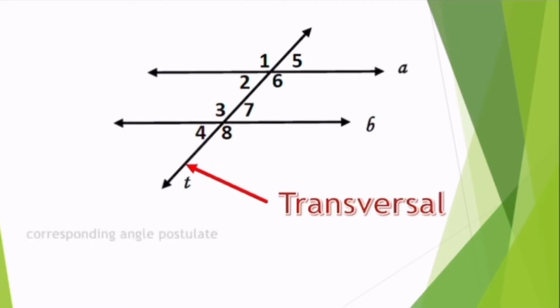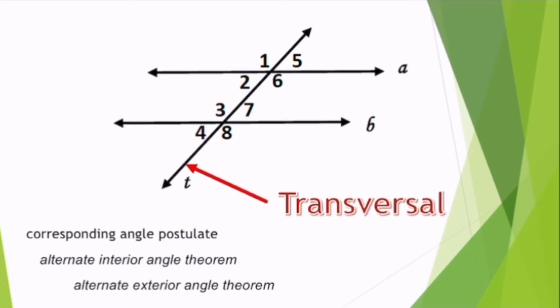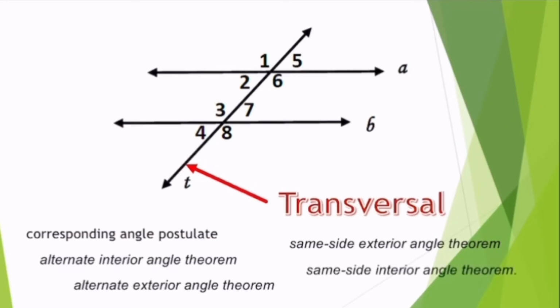These are corresponding angle postulate, alternate interior angle theorem, alternate exterior angle theorem, same side exterior angle theorem, and same side interior angle theorem. Now, let us prove the properties of parallel lines cut by a transversal.